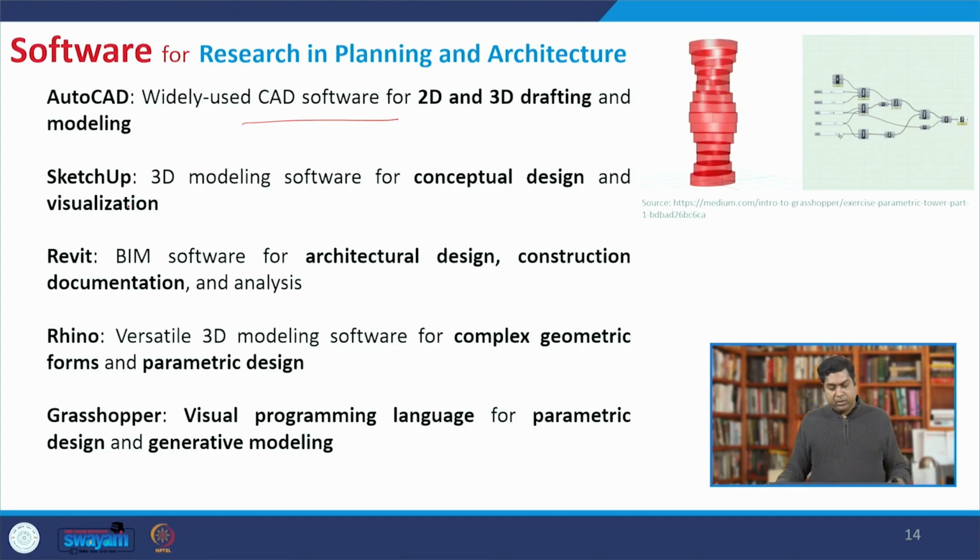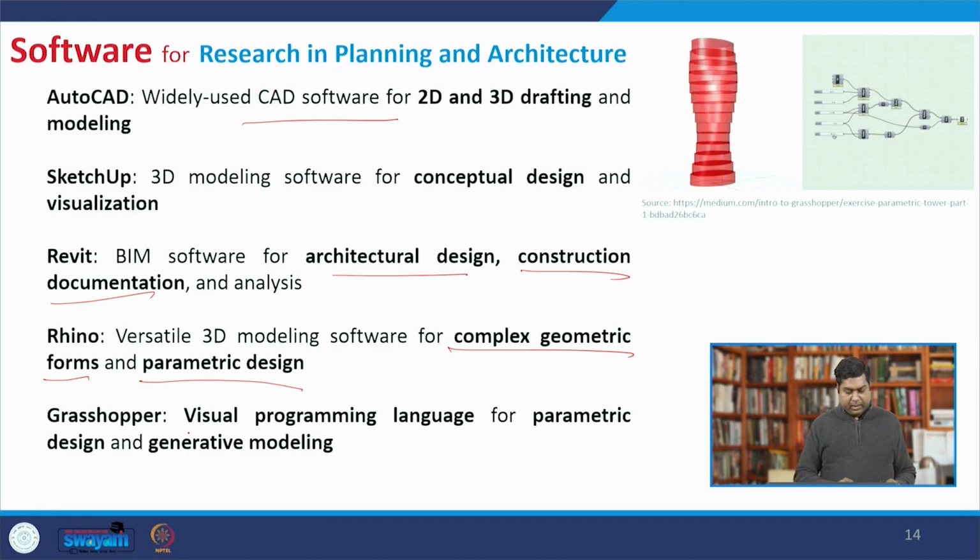SketchUp is 3D modeling software for conceptual design and visualization, and with some plugins in Google SketchUp you can create beautiful renders. The next one is Revit, which is BIM software for architectural design, construction documentation and analysis. Then we have Rhino, which is again a versatile 3D modeling software for complex geometric forms and parametric design.